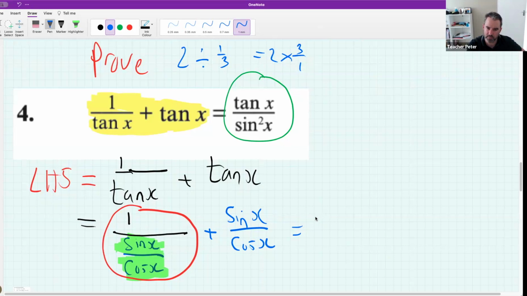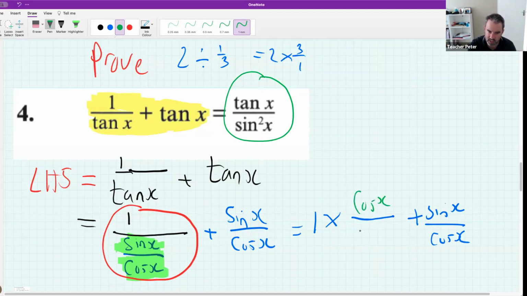What's it going to look like? I'm going to get 1 times by what? And then I'm going to have my plus sine x over cos x just hanging out down here. What am I going to times it by here? So I've got to flip it over because you're timesing now. And so the cos x is going to be on the top and the sine x is going to be on the bottom.